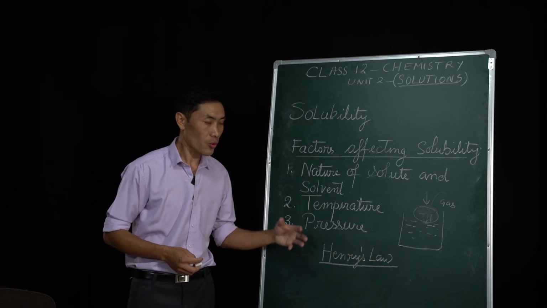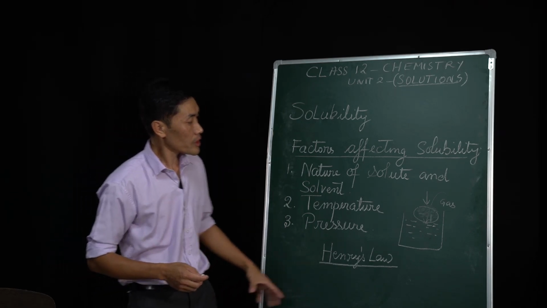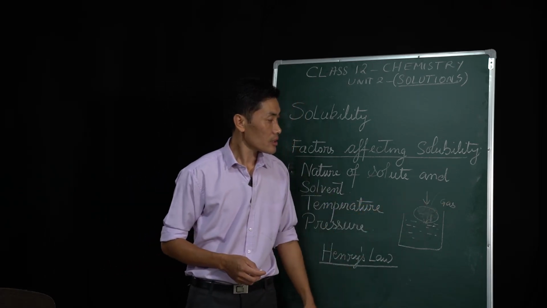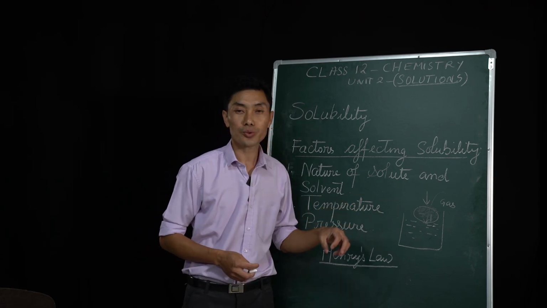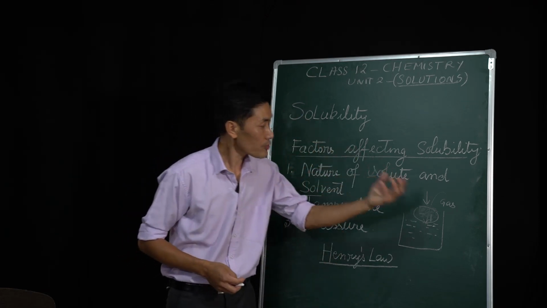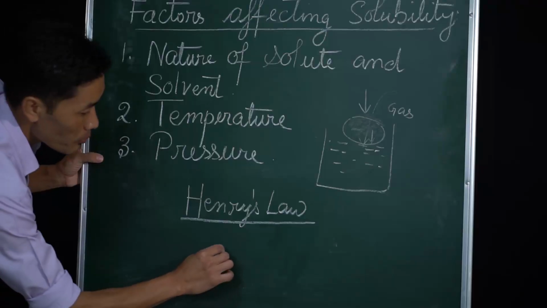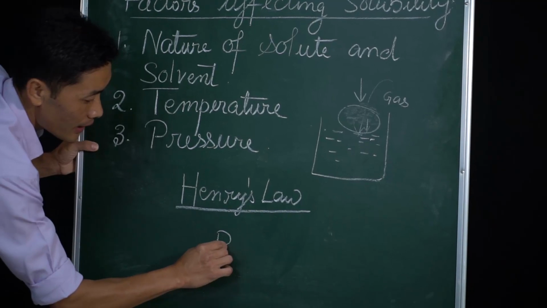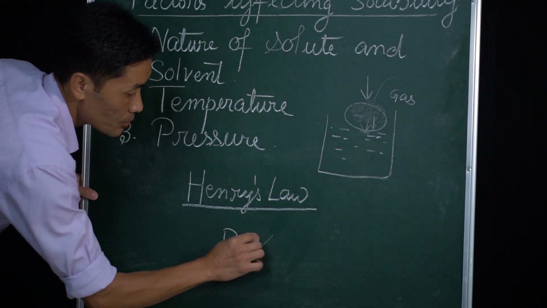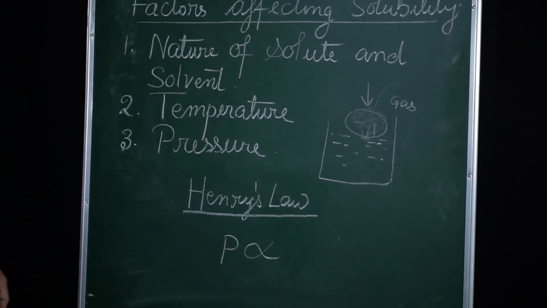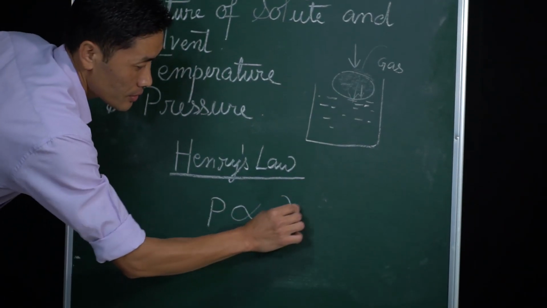Now, this law can be stated in another form, according to which the partial pressure of the gas is proportional to the mole fraction of the gas in the solution. So, partial pressure of the gas, let us write P, is proportional to the mole fraction of the gas in the solution.